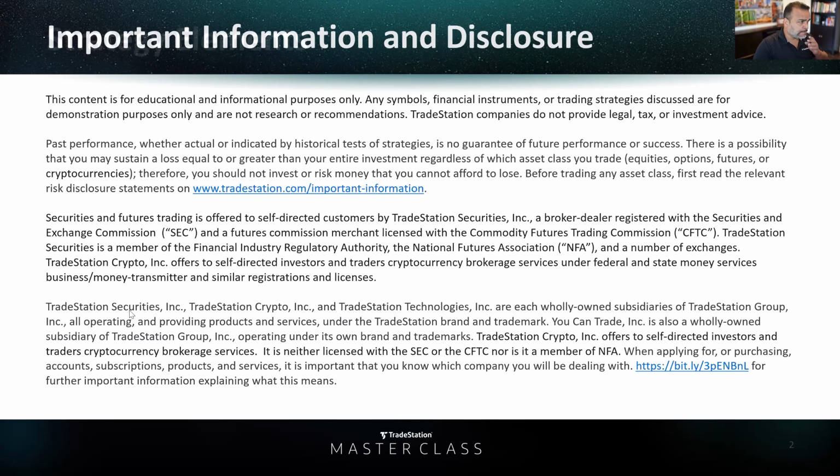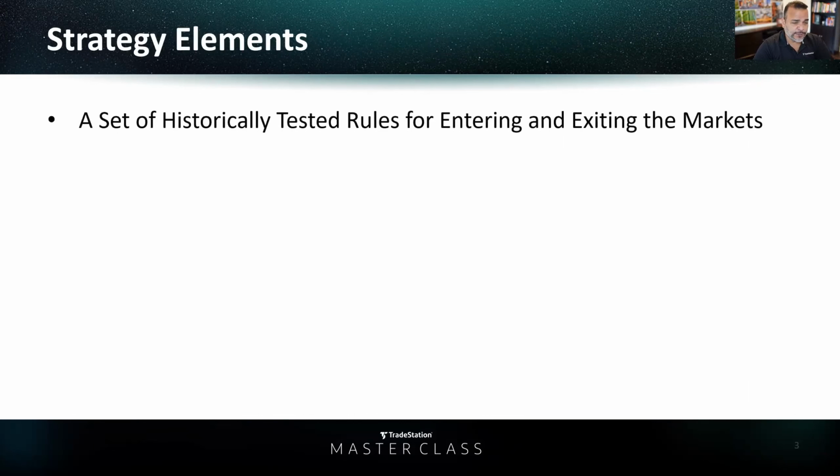First thing is, what are the elements that you have to develop strategies on TradeStation, and essentially, what is strategy trading? Because a lot of times, we have experience trading, but we don't really know what strategy trading is when it comes to a software package that helps you develop a strategy.